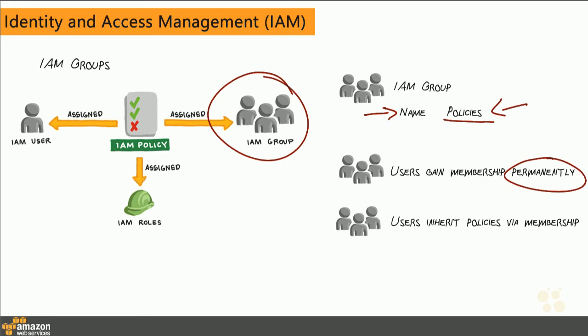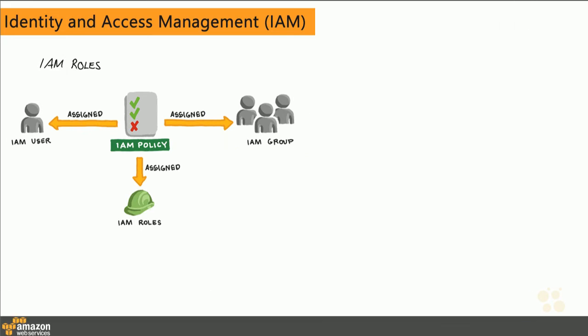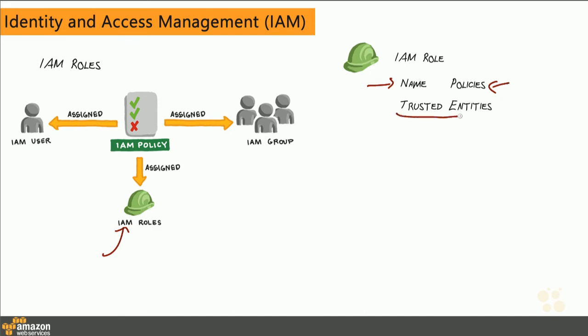Now, similar to groups is the idea of IAM roles. And an IAM role, which we've drawn here with a little hat, is kind of a temporary group. Similar to groups, roles have both a name and a set of policies, and members of the role, people who have this IAM role, are going to inherit those policies. But roles also have a set of trusted entities.